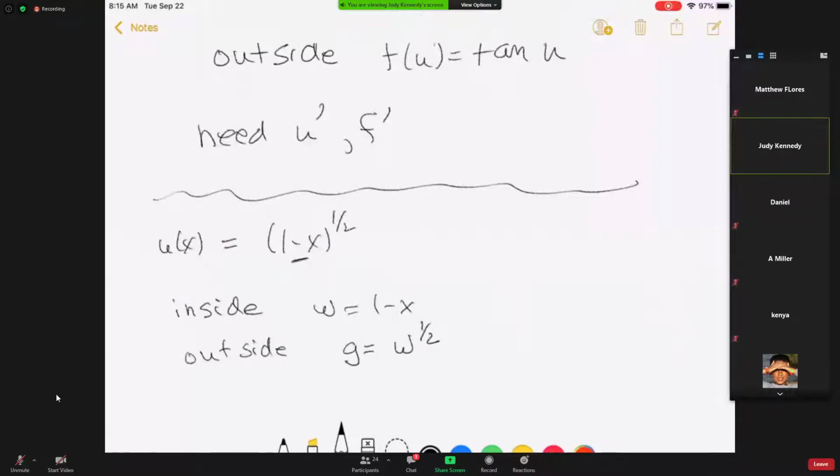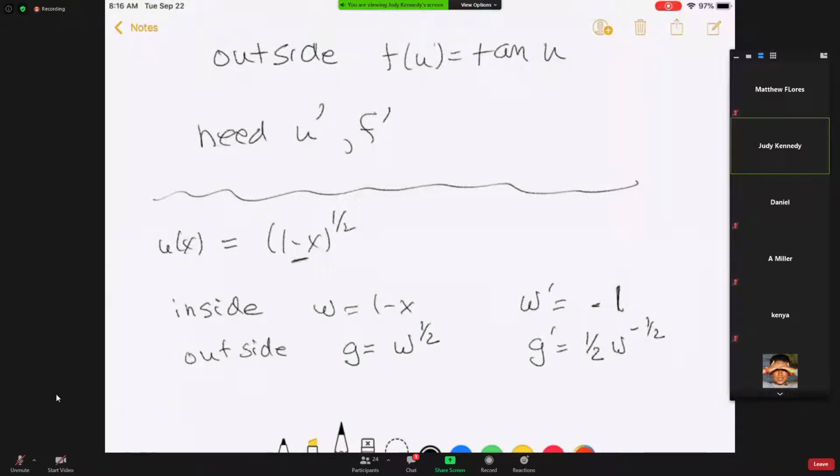So w prime, the derivative of 1 minus x: the derivative of 1 is 0, the derivative of minus x is minus 1, so it's just minus 1. And the derivative of g is 1/2 w to the minus 1/2 using the power rule.